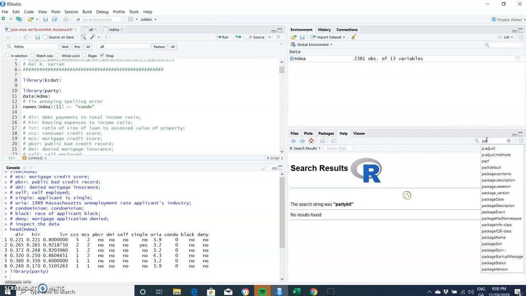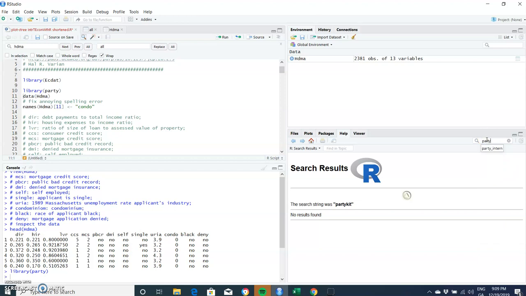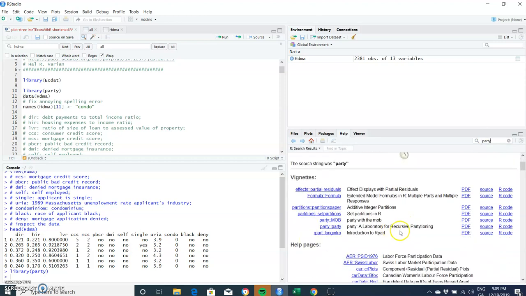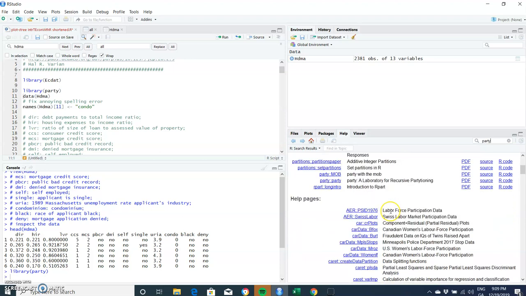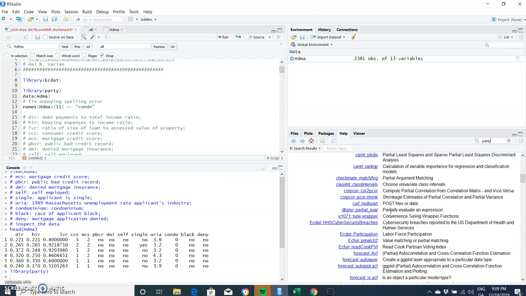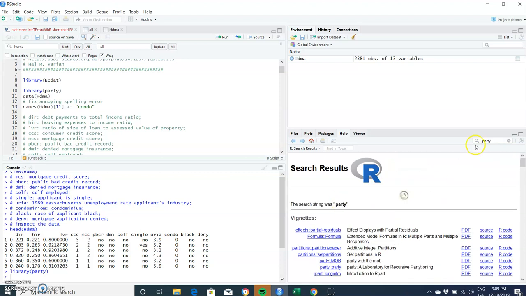It's a package specifically used for decision trees, machine learning, conditional inference trees, right? Also partykit. If you have a later version of R, you may have to use partykit as well as an option, and this code will work using the partykit package.